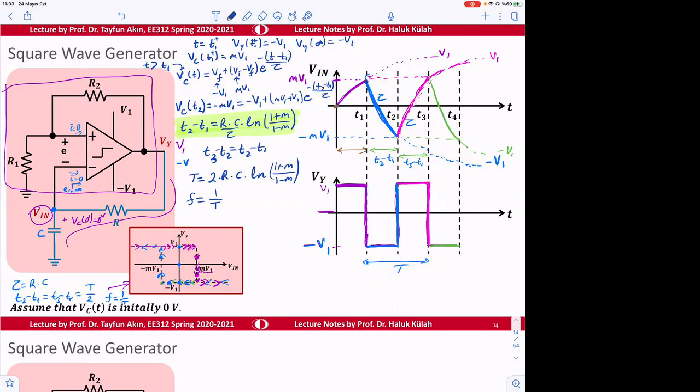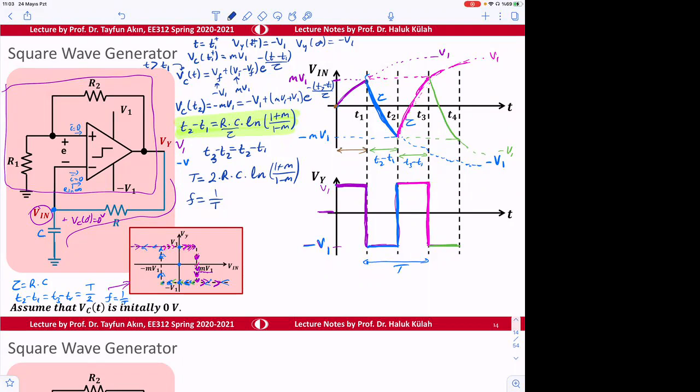So we created a square wave signal, but this time the voltage is switching between V1 and minus V1. Okay, so V1 and minus V1, but we can obtain it.